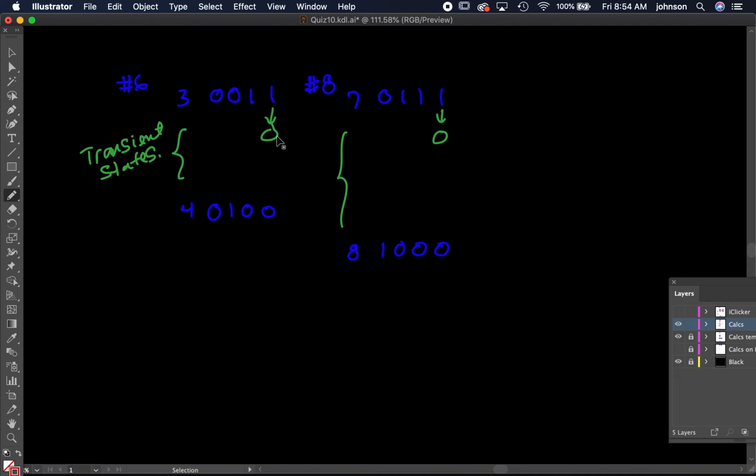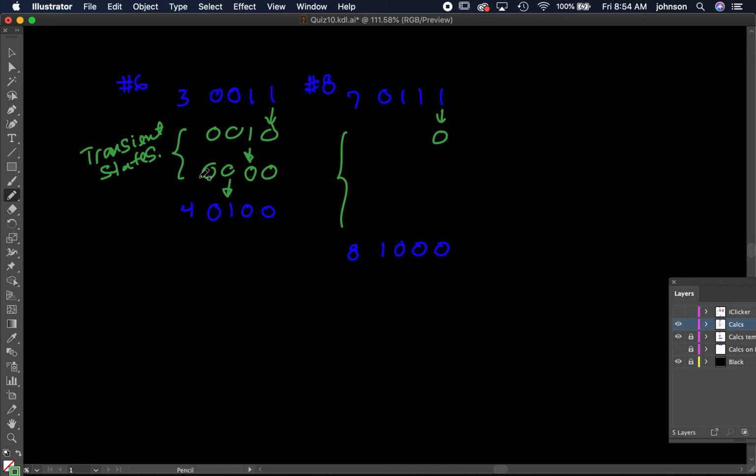So let's keep these here the same. Now the next section is going to change. So I'm going to change this one here, and everything else will stay the same. And then finally the third section, or the third output, will change. And now I finally arrive at the final answer.